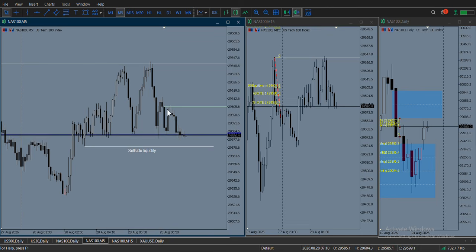I can say this one here with the opening price is more significant. We went to the top of that inefficiency. Look at the bodies, they did not trade outside that opening price, and then they're trading lower. So with all that said, this inefficiency here can be justified as a point of interest.